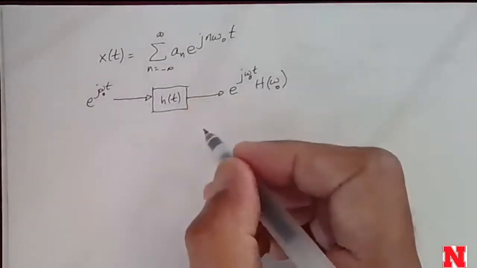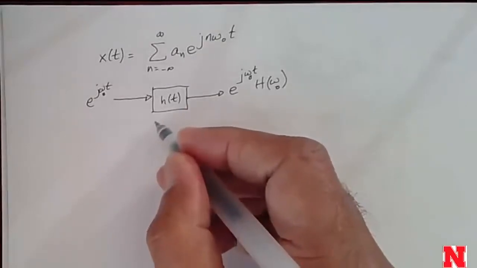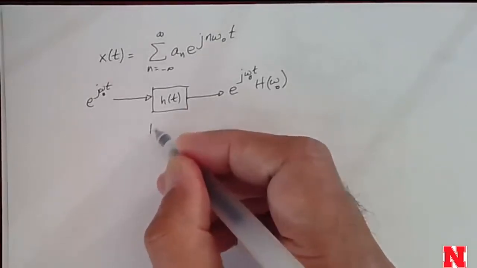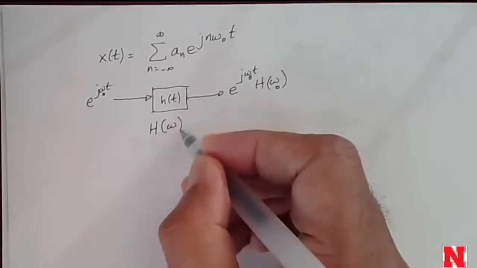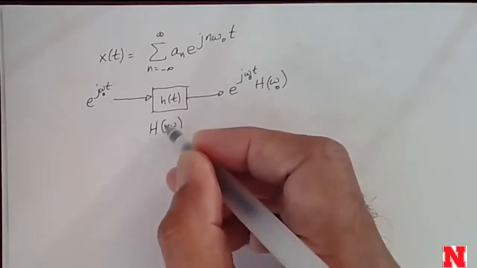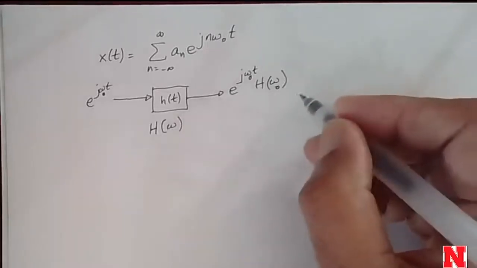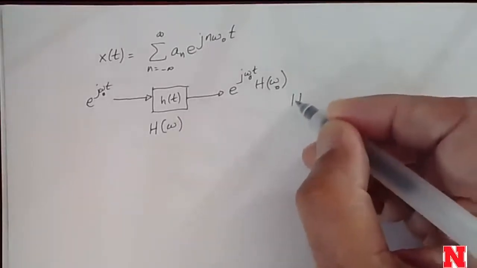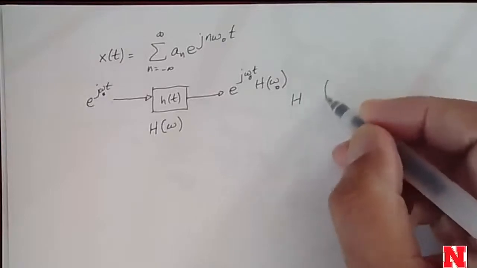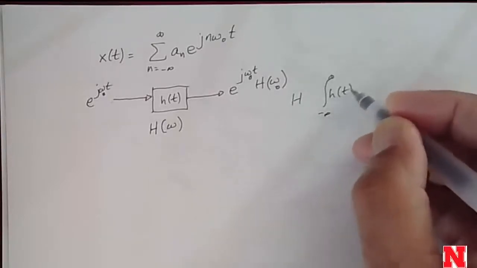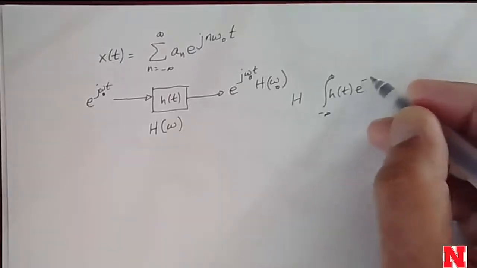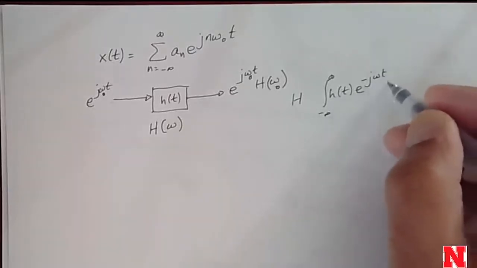Right? So let's suppose, and this is a very, very unreal filter, let's suppose I have a filter. And by the way, sometimes people will write h of omega like this. Sometimes they'll put e to the j omega, because if you remember h of omega, the way we obtained it was we took the integral from minus infinity to infinity of h of t e to the minus j omega t dt.